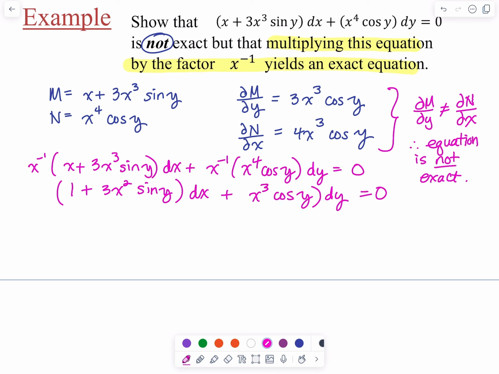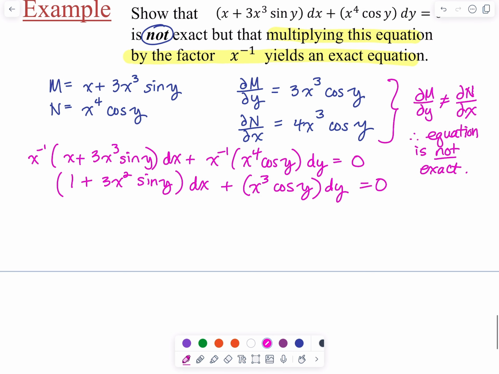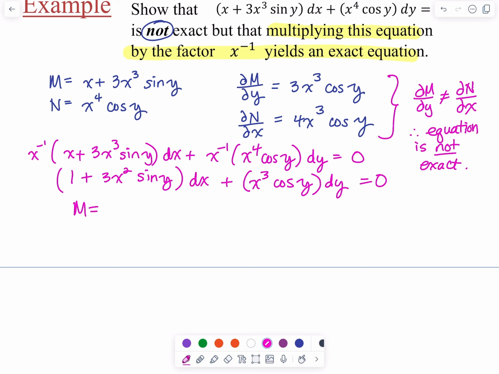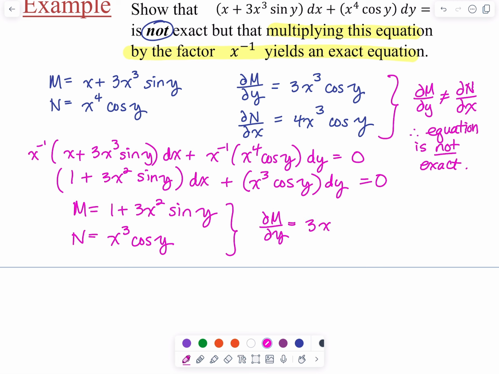Now for this new equation, we have m is equal to 1 plus 3x squared sine of y, and we have n is x cubed cosine of y. So now you can see that the partial derivative of m with respect to y is going to be equal to 3x squared cosine of y, and that is exactly equal to the partial derivative of n with respect to x.